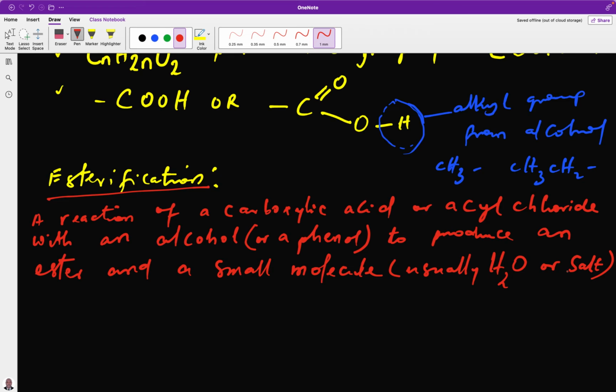So we are saying that esterification is a reaction of a carboxylic acid or an acyl chloride with an alcohol or a phenol to produce an ester and a small molecule. The small molecule is usually water, or salt in the case of acyl chloride.